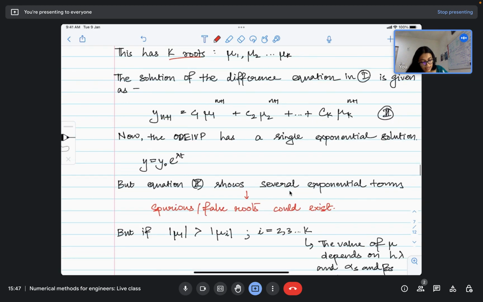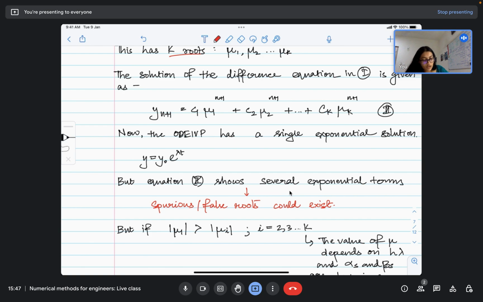Now the solution of the difference equation that we had written in equation 1 is given by yn plus 1 is equal to, so this is the general form of the solution, c1 mu 1 to the power n plus 1, c2 mu 2 to the power n plus 2, and so on.